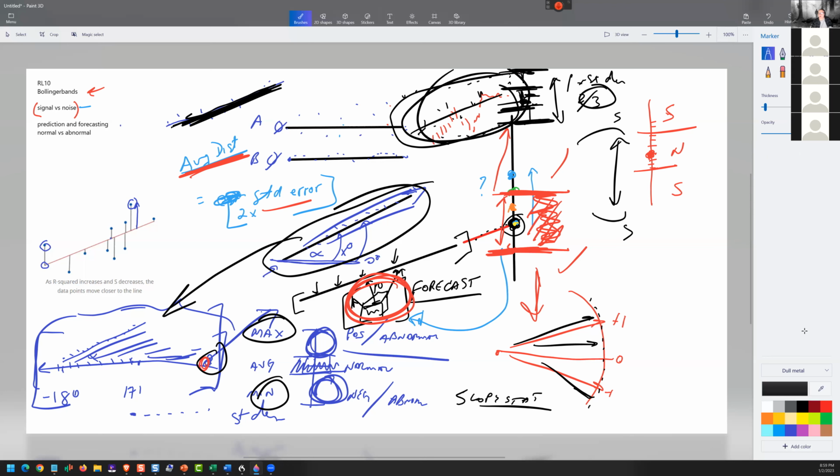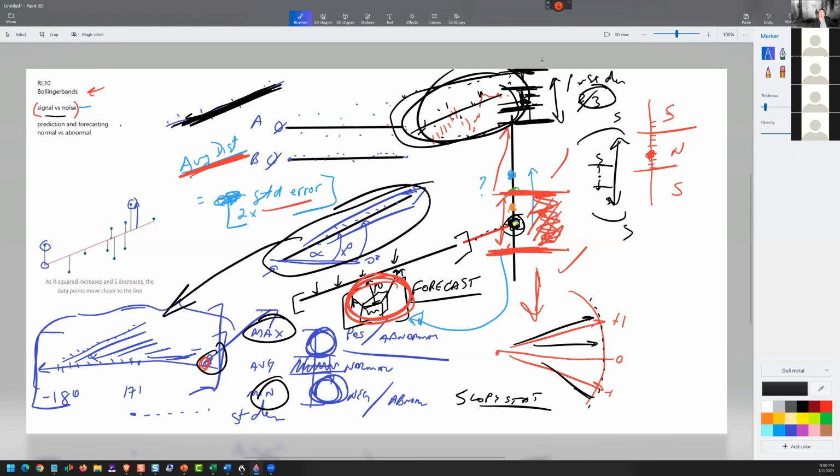Whereas the regression line starts with a single point and then works outward from that point and says, if it gets outside of that threshold, now you have a signal. So they're very closely related. And they give us a way to make a mathematically precise definition of the difference between signal and noise.